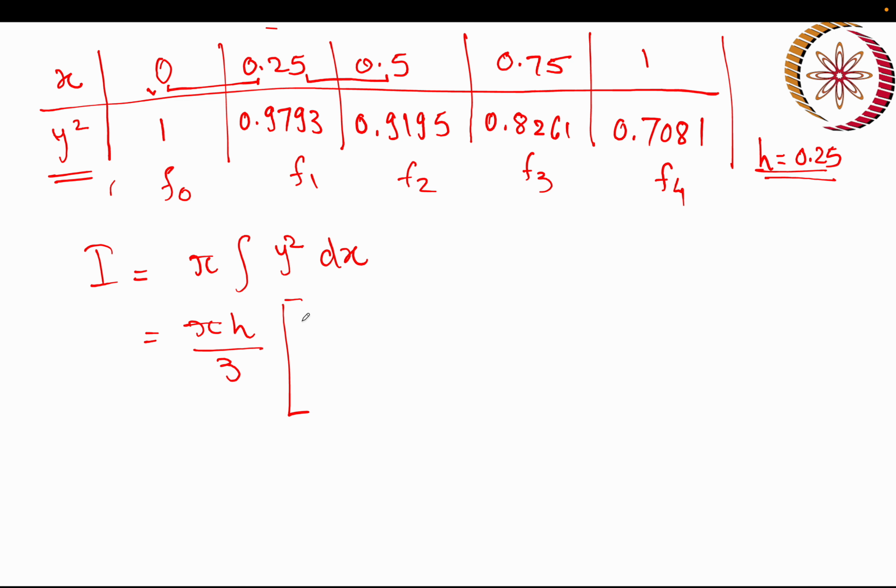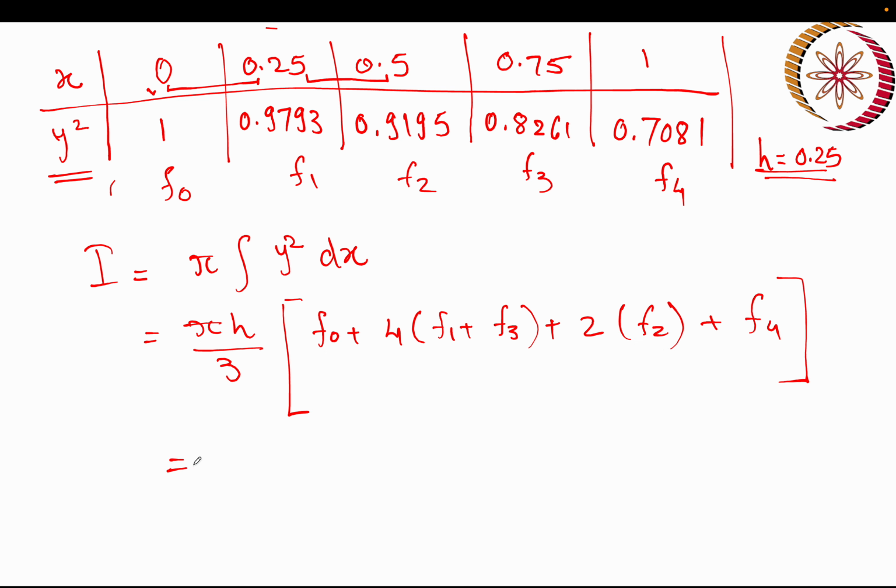So this is nothing but f0 plus 4 times f1 plus f3, these are the odd terms, and then 2 times f2, which is the even term, and then the last term. This equation we already derived.